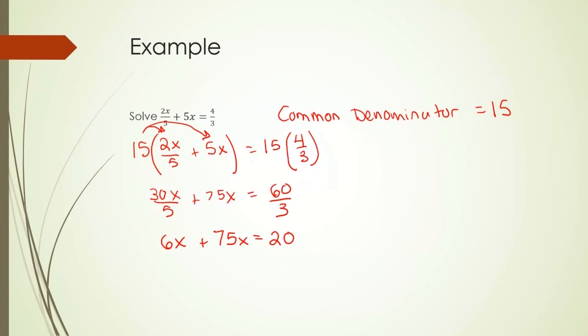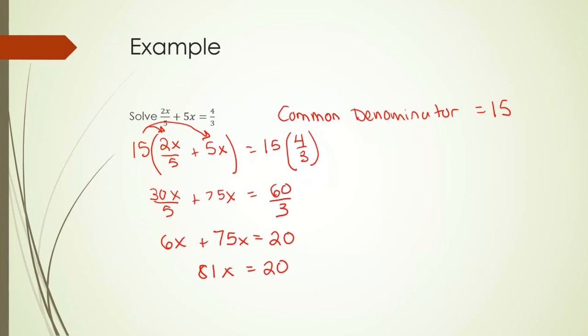So now we've gotten rid of the fractions, and we have something that's much easier to solve. So we have 6x plus 75x. Those are like terms, so we can add those together on the left. That gives us 81x equals 20. And now I need to get rid of that 81 on the left.